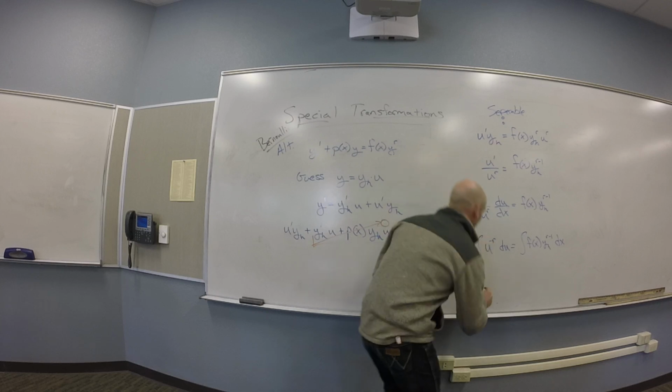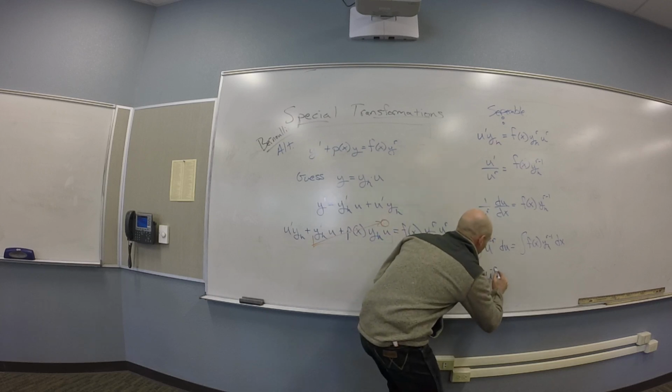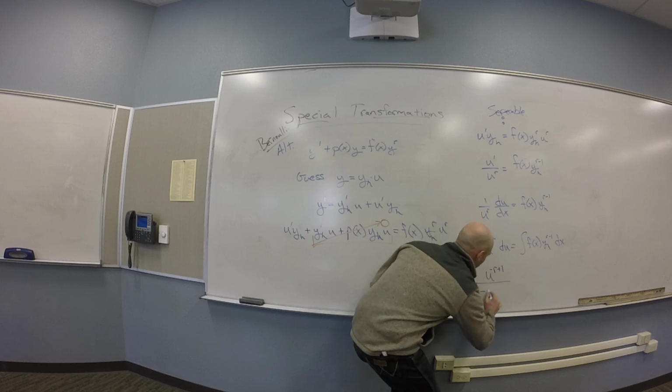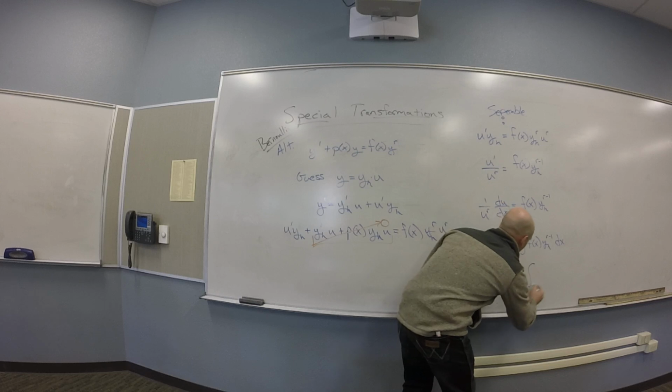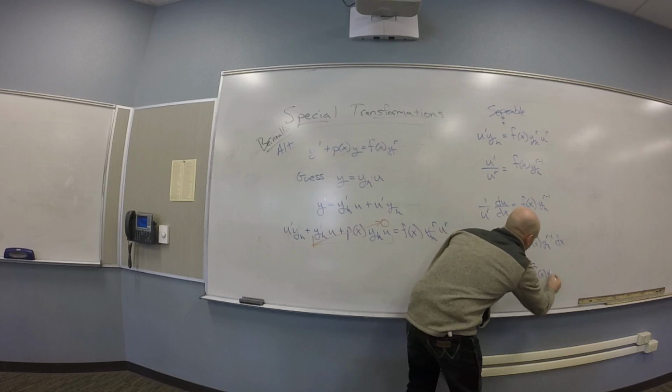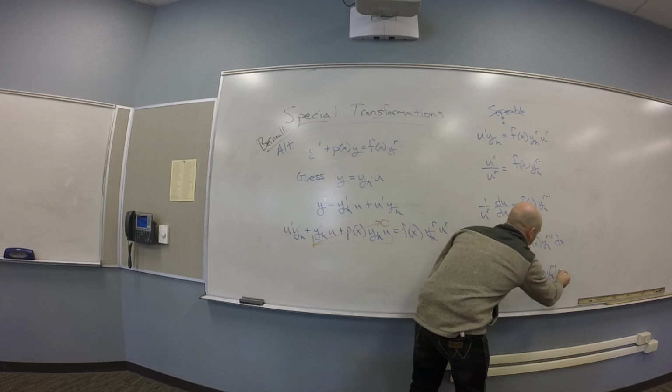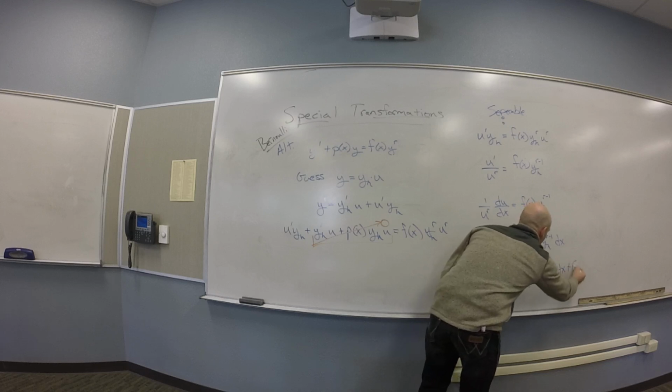So I got u to the minus r plus 1 divided by minus r plus 1 is that. Oh, there totally would be a plus c over here.